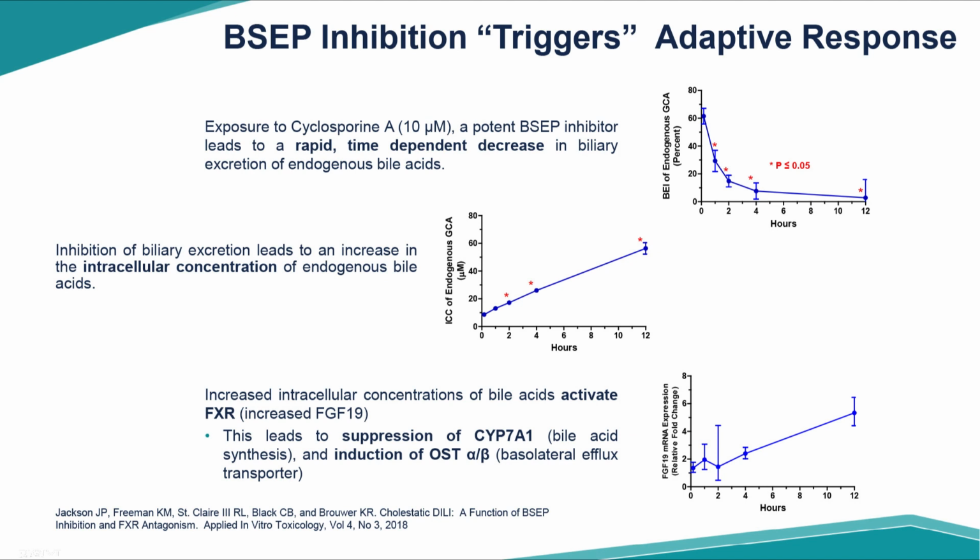Once FXR is activated, it kicks off this whole pathway that I talked about earlier. It inhibits CYP7A1 and induces BSEP, but you have a BSEP inhibitor there, so it's a wash. But it also induces OST alpha and beta, which increases the basolateral efflux of these bile acids.